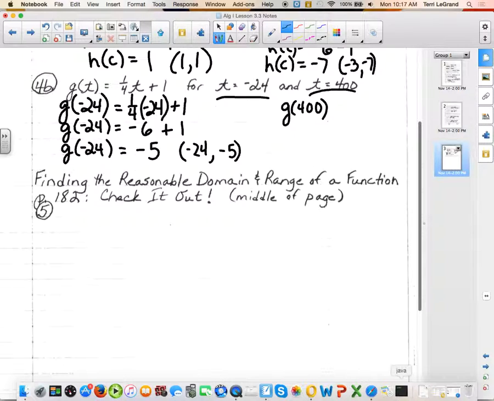G of 400 equals 1/4 times 400 plus that 1.